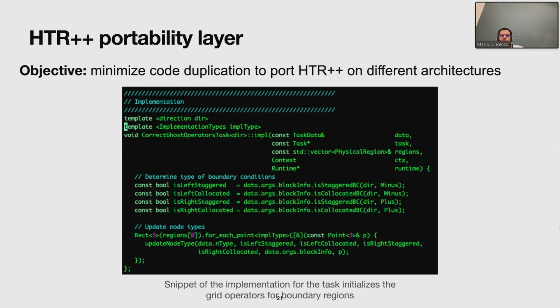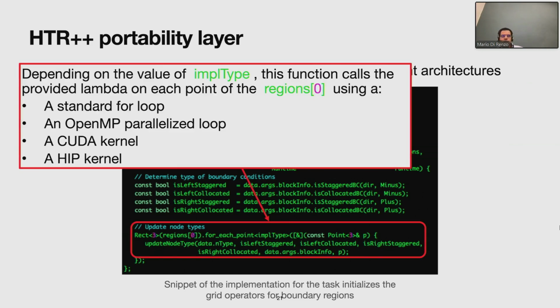For this reason, we implemented this portability layer, which is a set of template functions like this one, for each point, that takes a lambda and performs either a standard for loop, an OpenMP parallelized loop, a CUDA kernel, or a HIP kernel, depending on the value of the template parameter implementation type.